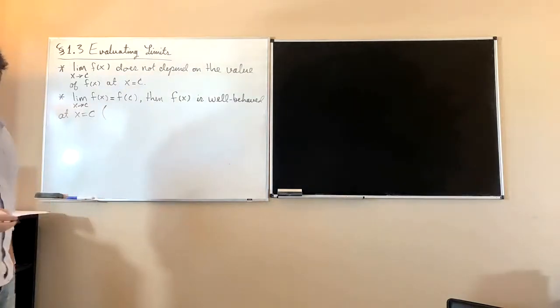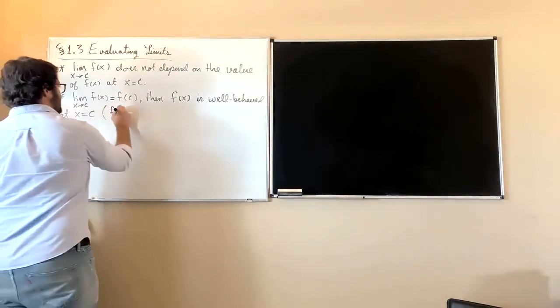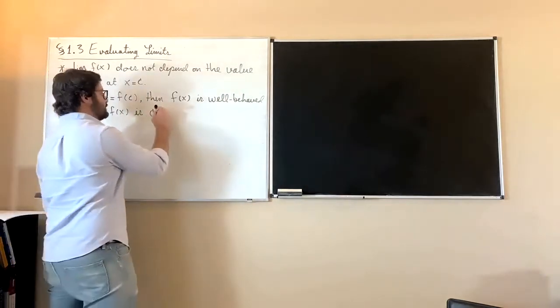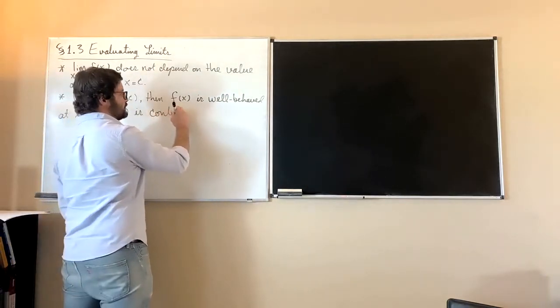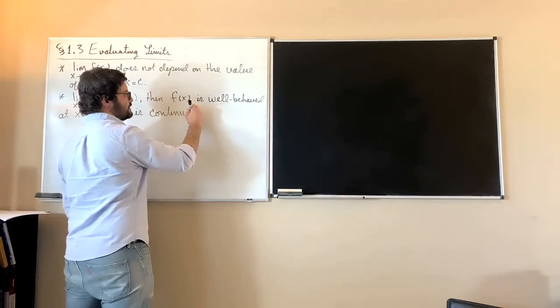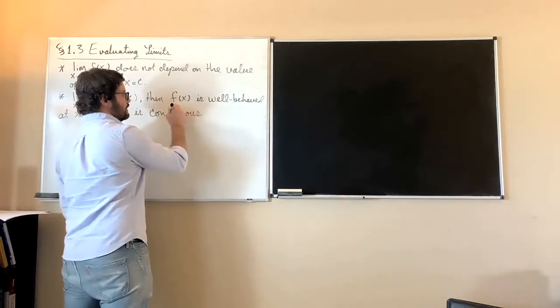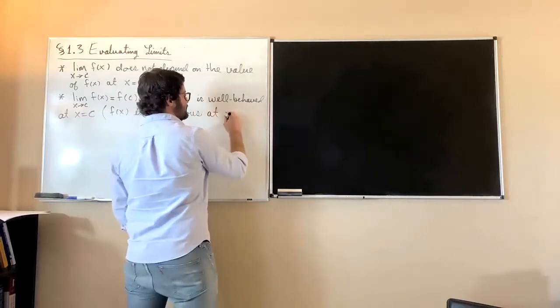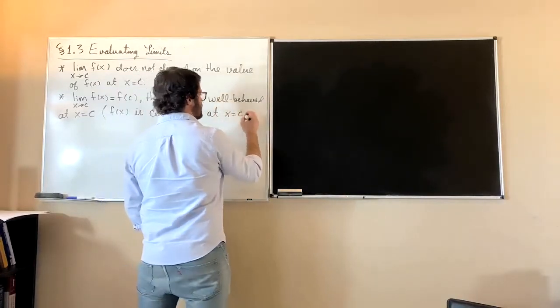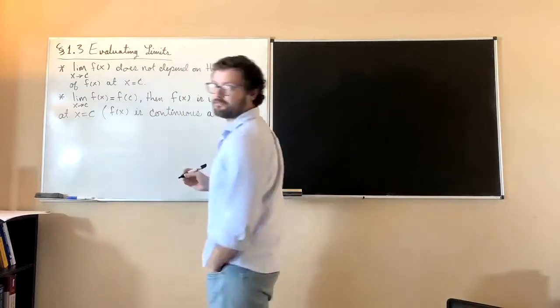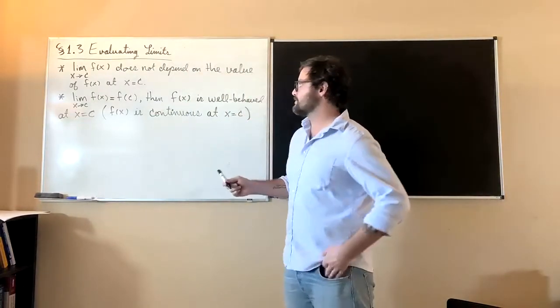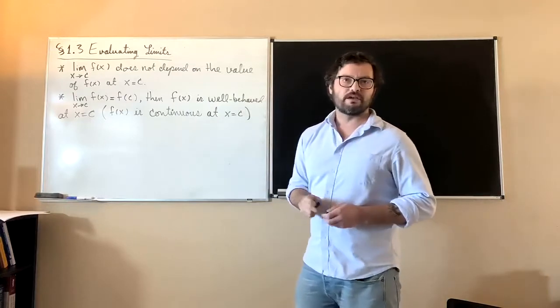In other words, f of x is continuous. And we'll learn the formal definition of continuity in the next section. But just for now, if the limit as x approaches c of f of x equals f evaluated at c, then that's another way of saying that f is continuous at x equals c.